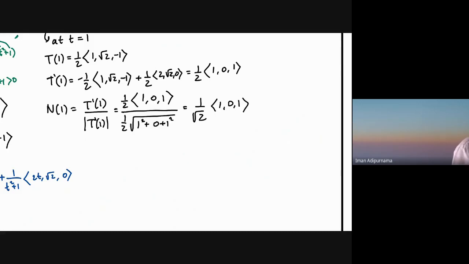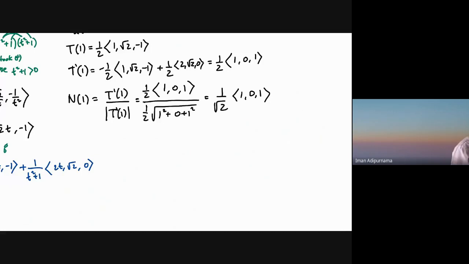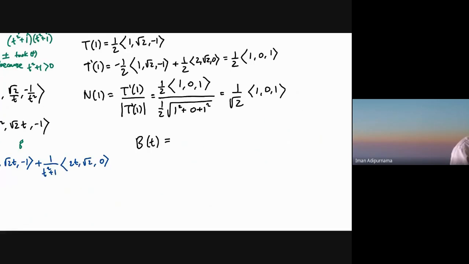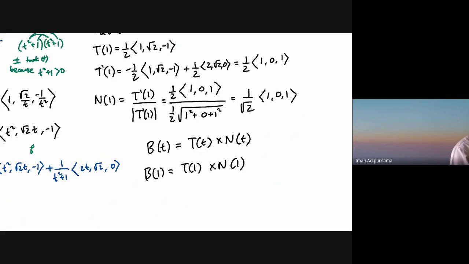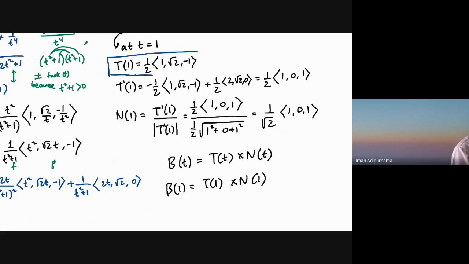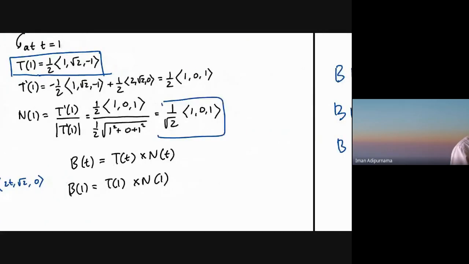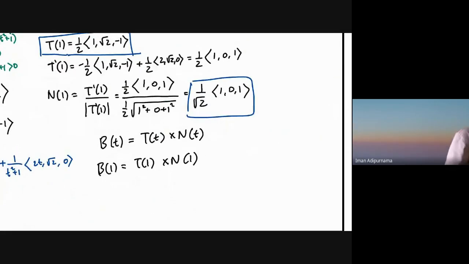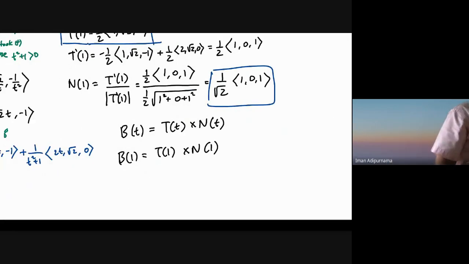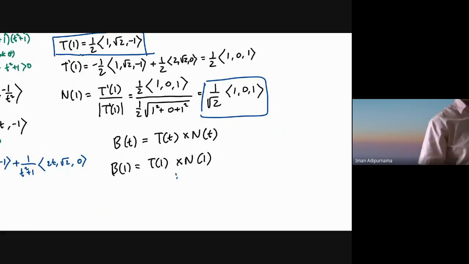And the rest is crossing the T and N at 1. So you can use this T and cross this N. Okay. Yeah, I think you can do that by yourself.